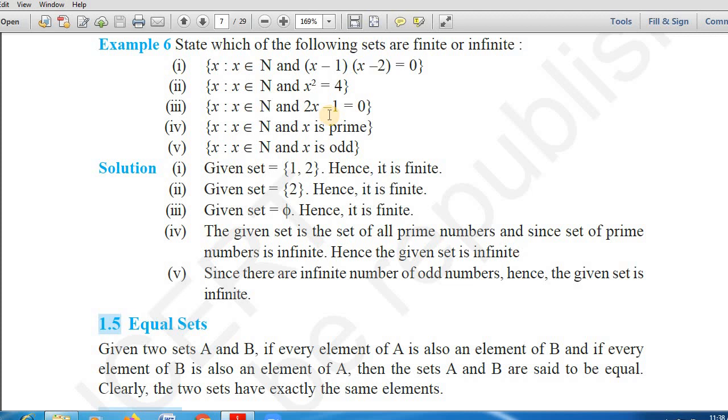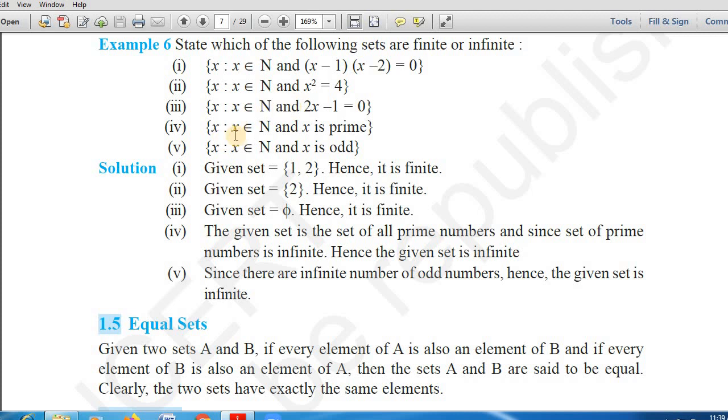From the second condition, no doubt you can have the value half, but for the first condition we cannot include this half. So this set has no element. It is an empty set, null set, or void set.